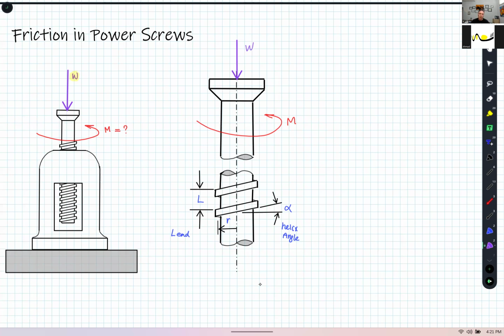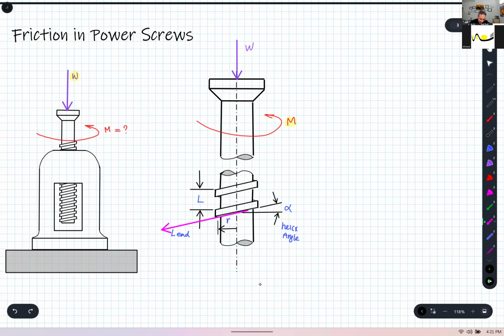All right. So when I apply this torque M, obviously the system starts rotating in that direction. So our friction is going to be in the opposite direction. Let's show it on one of these threads, maybe on that thread here. So that's going to be my friction. And also I have the normal load to the surface.